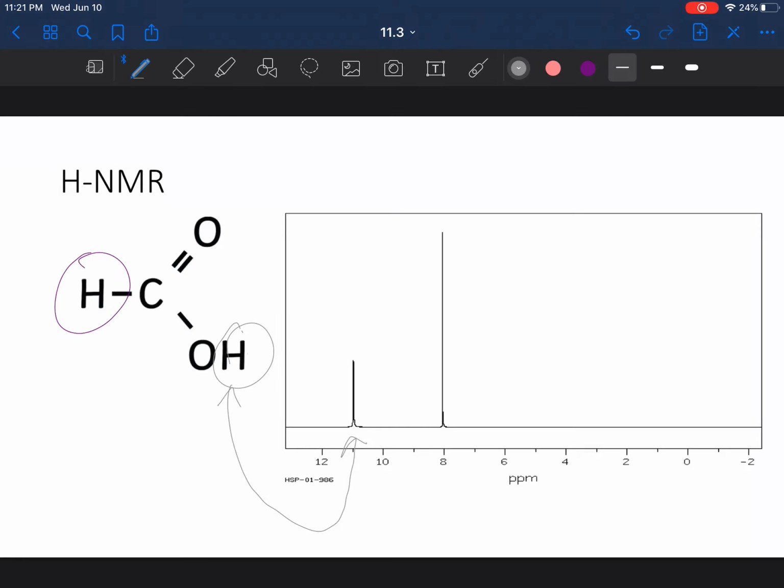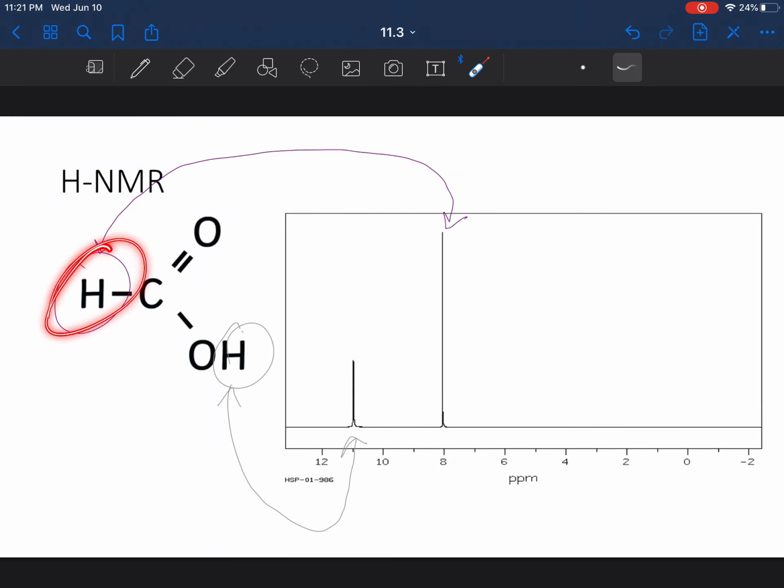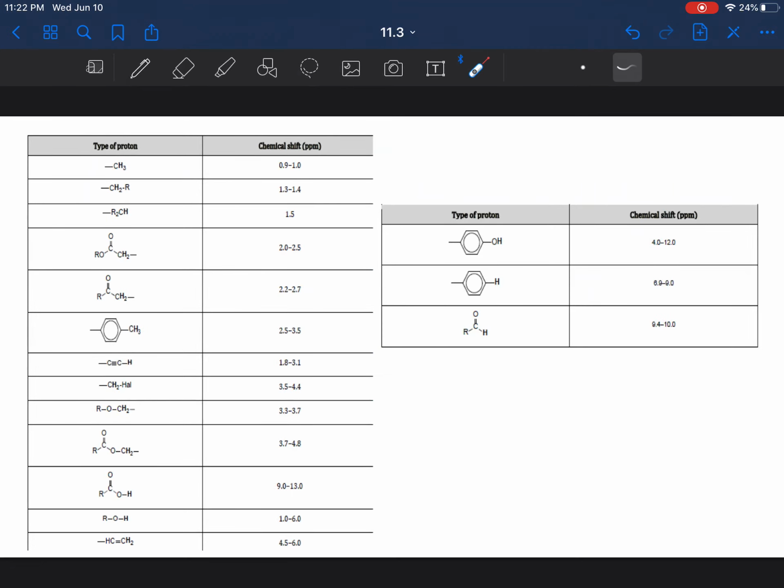By process of elimination, this hydrogen is probably talking about this peak. Now, the problem with this table is that it doesn't have the information for this hydrogen. They did not take into account the hydrogen of methanoic acid that is not the acidic part, so they did not have a number for that hydrogen.